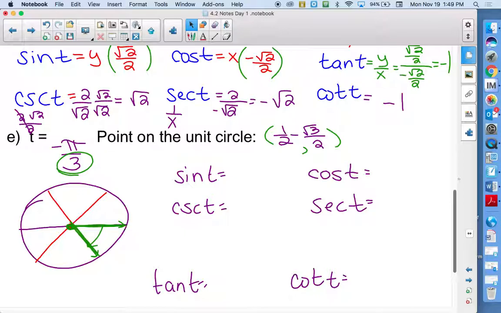So even drawing a triangle and labeling your vertical side x, your adjacent side y, so that you have something to look at. If you're not sure is sine x or is sine y, then you know that you've got the opposite side. You have the triangle drawn, opposite is y. So any picture that you can make yourself will make it easier to think about where things are located, which is assigned to each function.